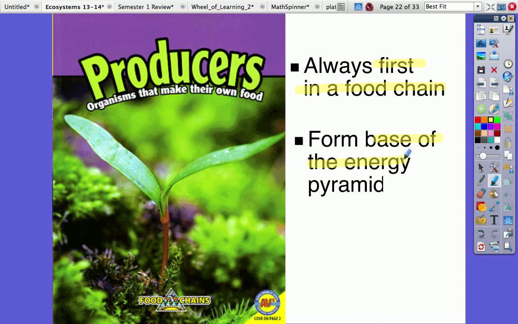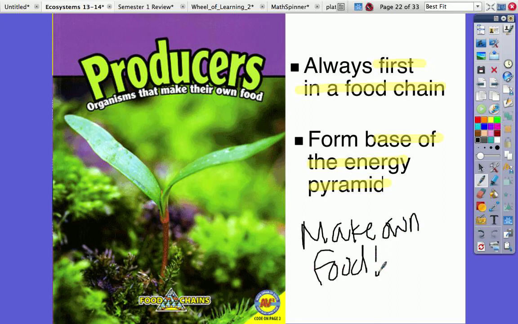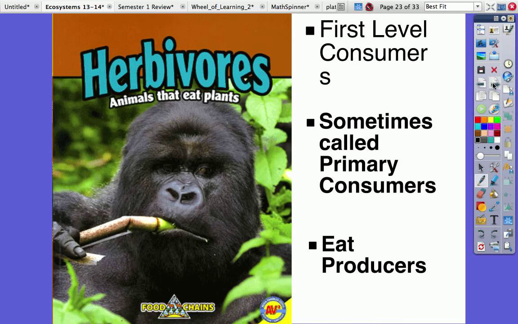They are the base of the energy pyramid, and they make their own food. Herbivores, these are first level consumers. They are a consumer because they eat. However, they only eat plants, which are your producers. You'll hear this called a first level consumer or a primary consumer.